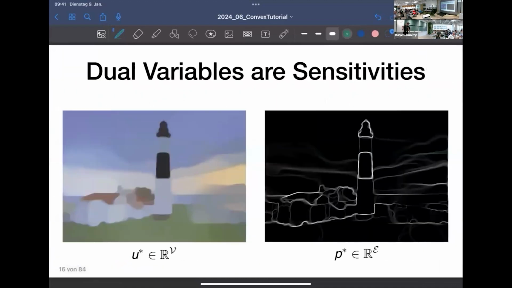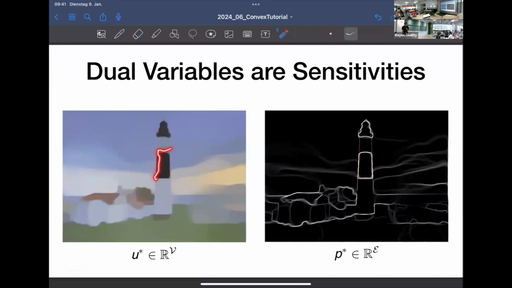One other reason why we are really excited about duality is that these dual variables encode very interesting information about your solution. What I did here is, on the left, we see the solution of the primal problem, and on the right-hand side, I plotted the solution of the dual problem. We can see that the dual variables are large at the edges where there's a big change.